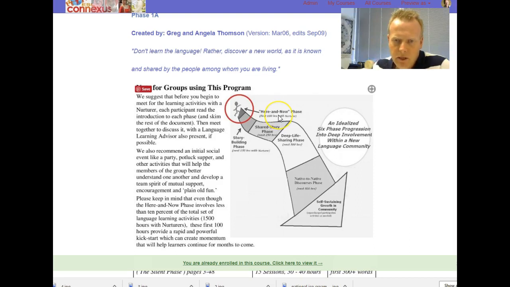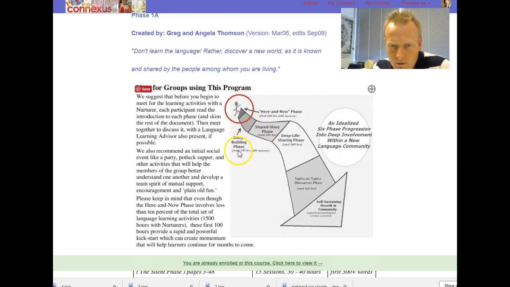In phase 1A, you're using a lot of pictures and physical objects, and you start off by just listening and being able to identify objects by pointing at them. After about the first 25 hours of listening and pointing and recognizing, you start to talk and identify objects.